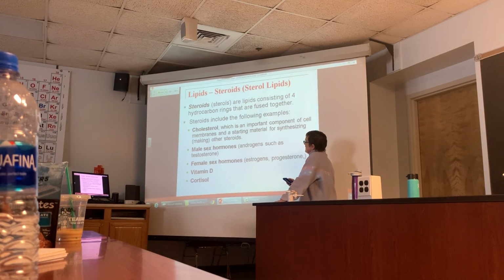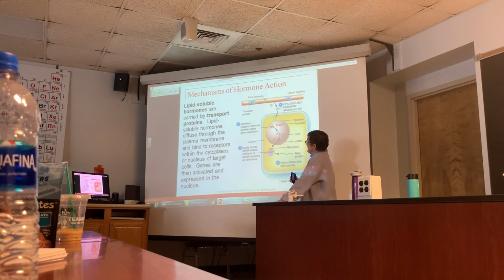Here's another example. Vitamin D is not only a sterol lipid made from cholesterol, it also acts as a hormone. It's a vitamin, it's also a hormone, a chemical messenger. So it falls in that category as well.